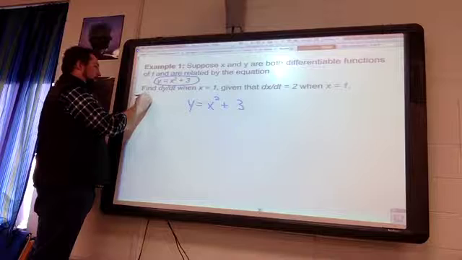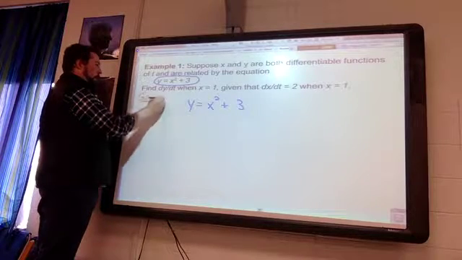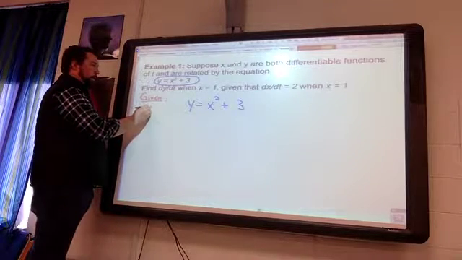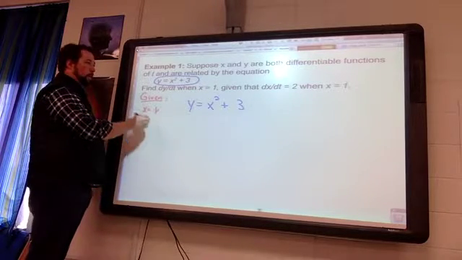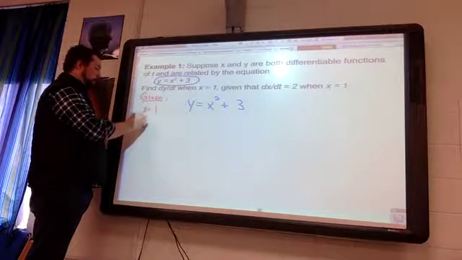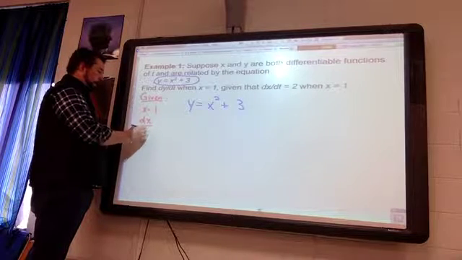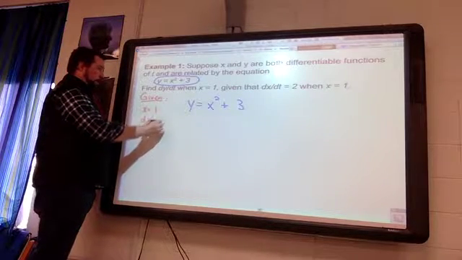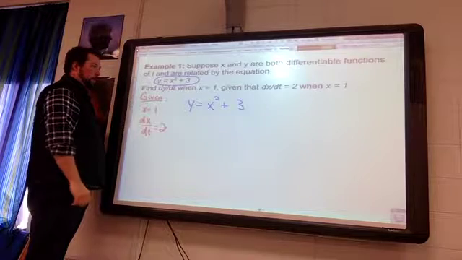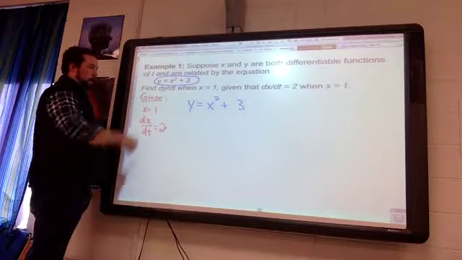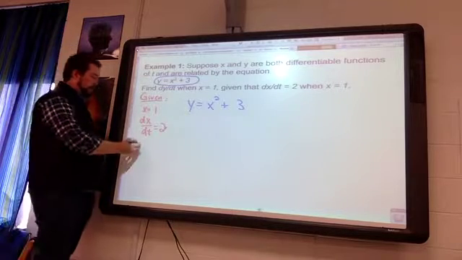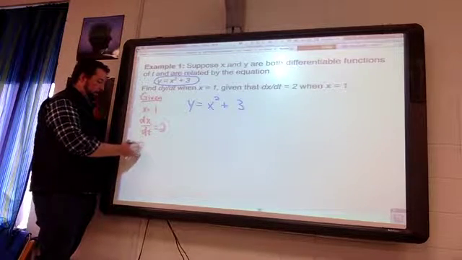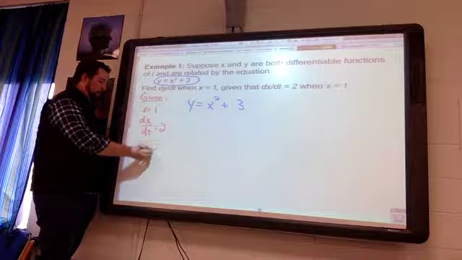The givens: x is equal to 1, and they gave us dx dt, which they told us was 2. They told us x is 1 again, but we already have that. And we're trying to find dy dt.